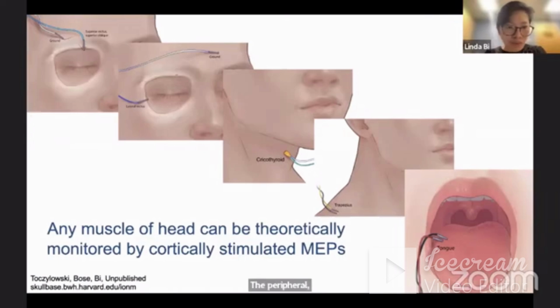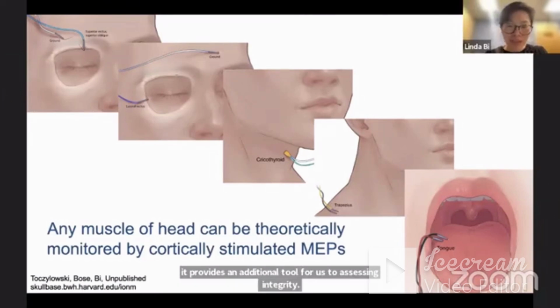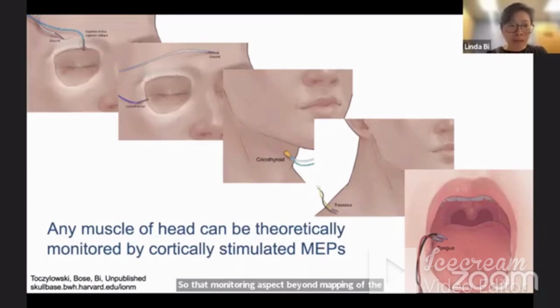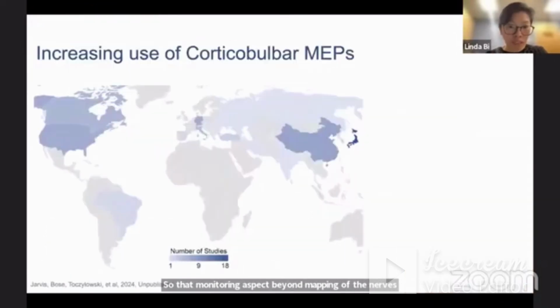However, I think as a surgeon, regardless of what it is stimulating, as long as it is through that kind of network or pathway arc, then it provides an additional tool for us for assessing integrity. So that monitoring aspect, beyond mapping of the nerves when we actually are able to get our probe on it, is really, I think, a helpful adjunct.